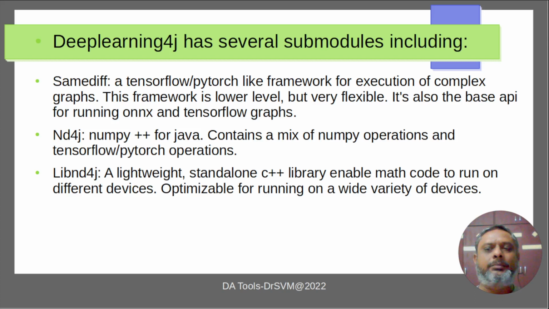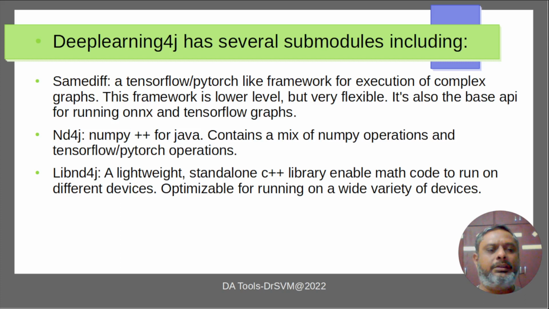It's also the base API for running ONNX and TensorFlow graphs. ND4J is another submodule. It's a NumPy++ for Java. It contains a mix of NumPy operations and TensorFlow PyTorch operations built under this submodule, ND4J.